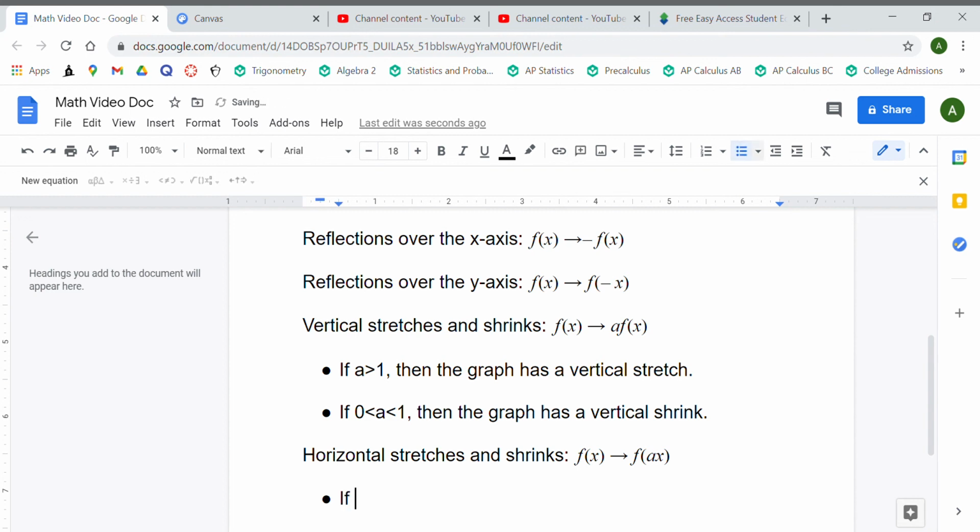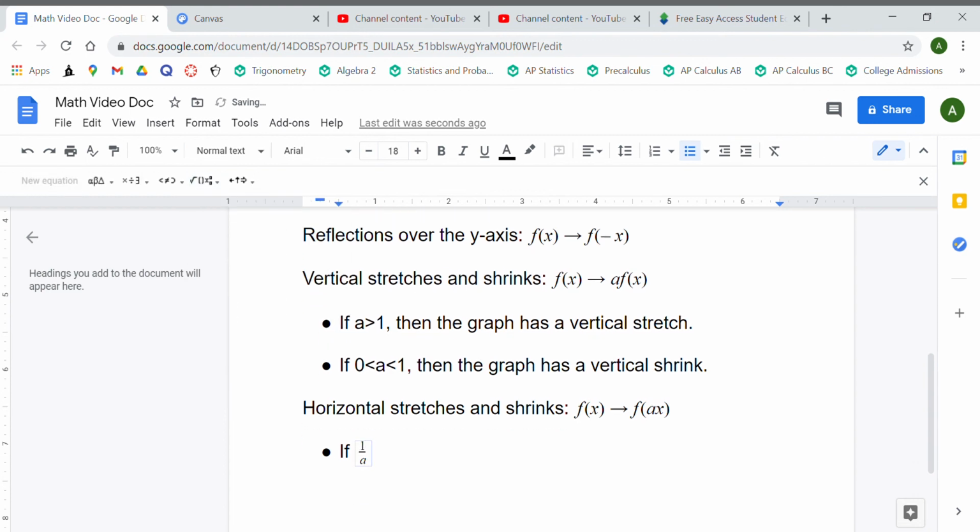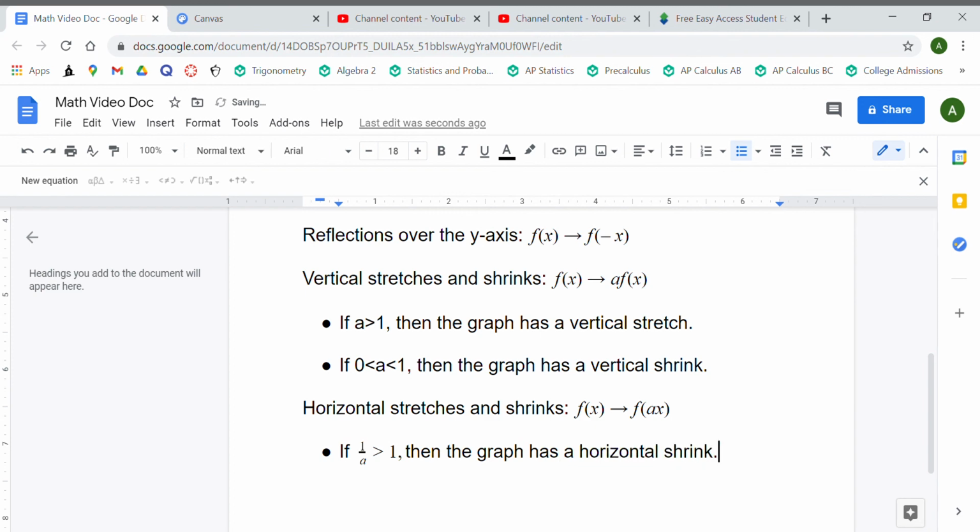If 1/a is greater than 1, then the graph has a horizontal shrink. Yes, reciprocals. That's a good catch you're going to want to pay attention to.